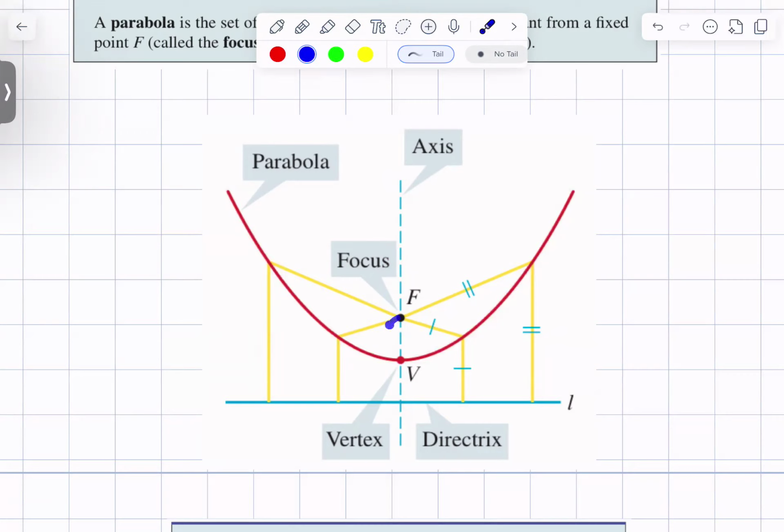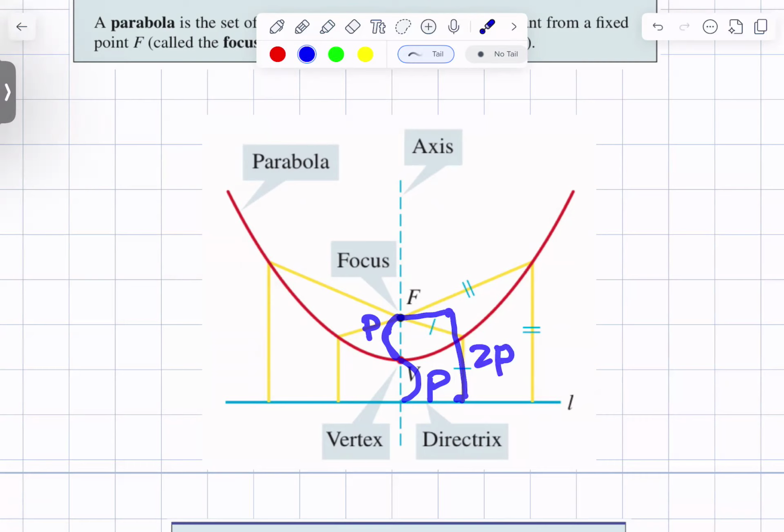This distance, class, is the same as this distance, okay? And we're going to label that distance P. Okay. So that's P as well. So the distance between the focus and the directrix is 2P.